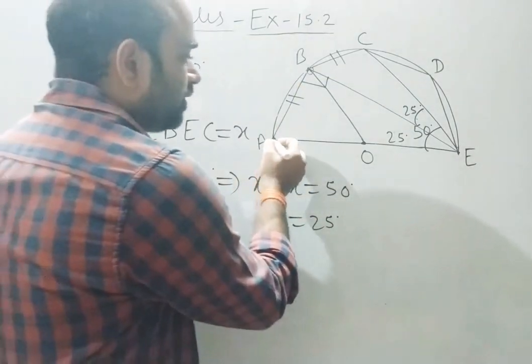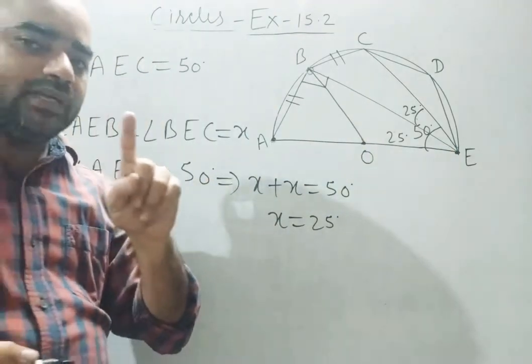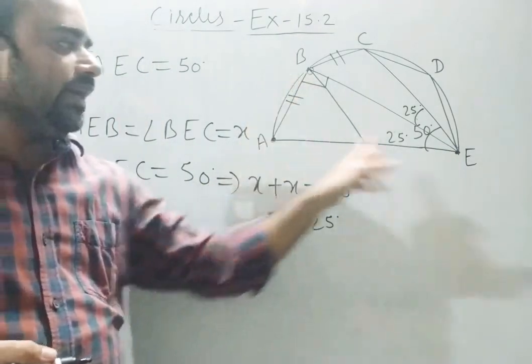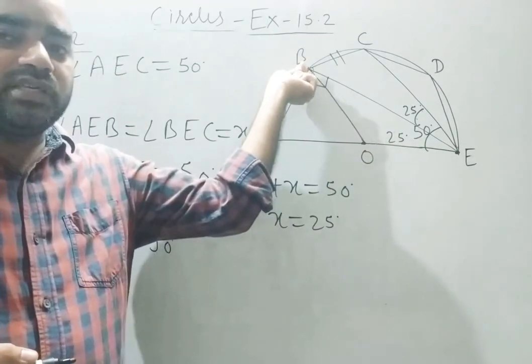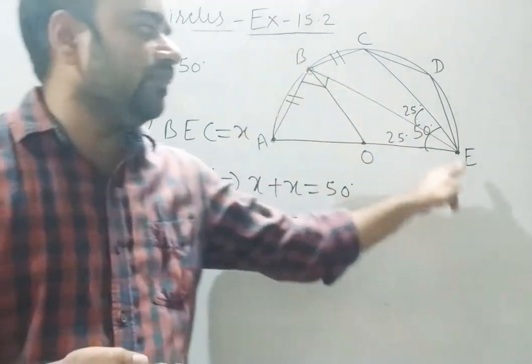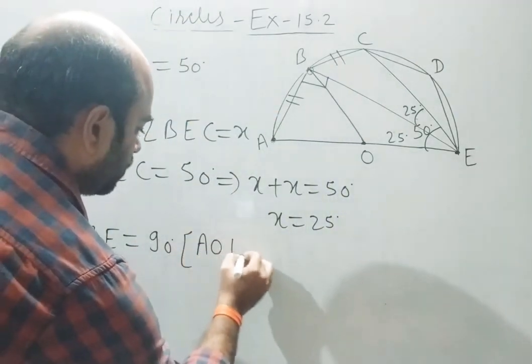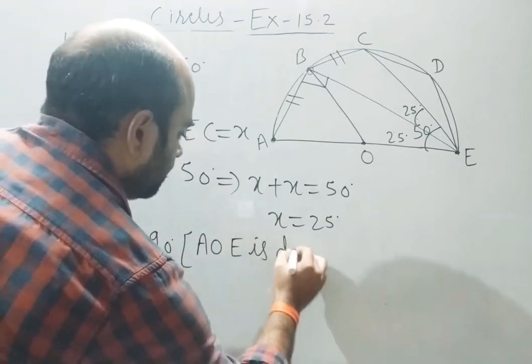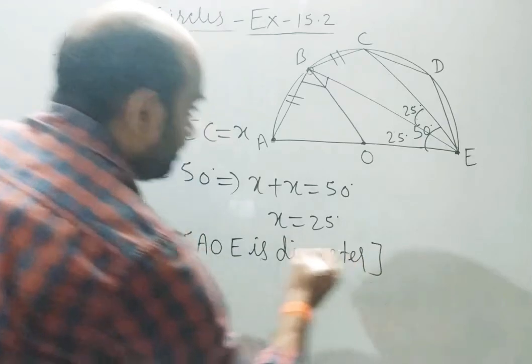End points of the diameter are joined to only one point simultaneously. We see A and E simultaneously are joined to only B using a straight line. It means angle ABE will be 90 degree. Reason is AOE is diameter. Correct?